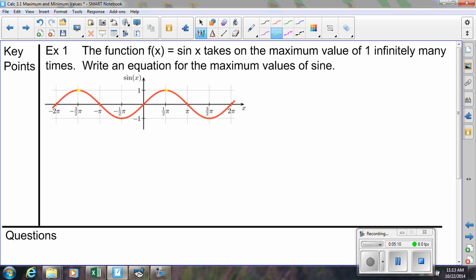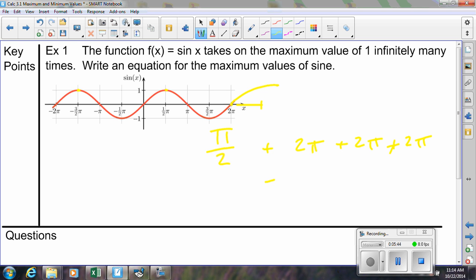Well, you'll notice it reaches its maximum at pi over 2. And if we cycled through again, there's 2 pi plus another pi over 2. You go all the way around the circle again, plus another 2 pi, plus another 2 pi. Every time we iterate through 2 pi, we get back to the height of 1.